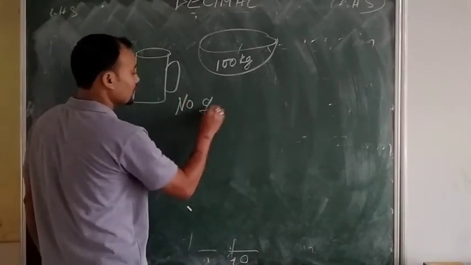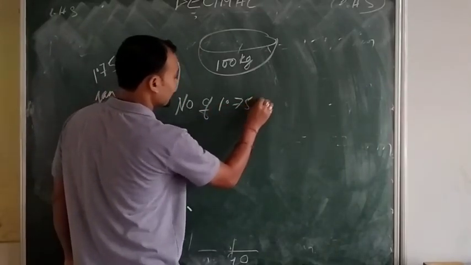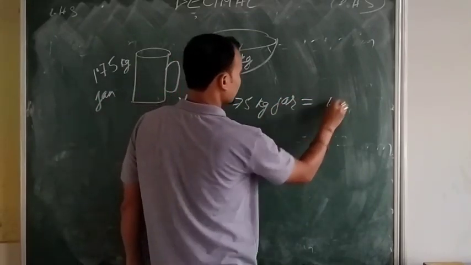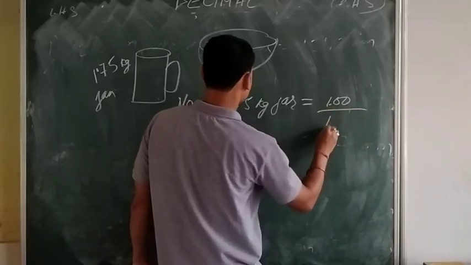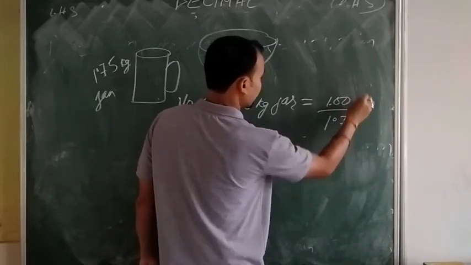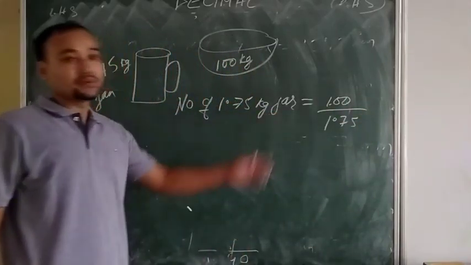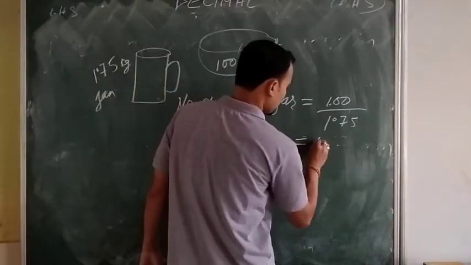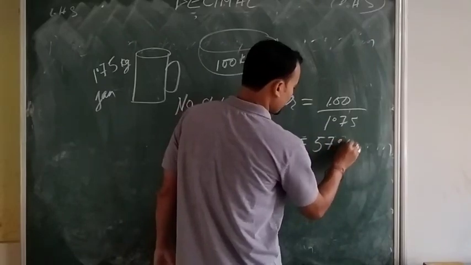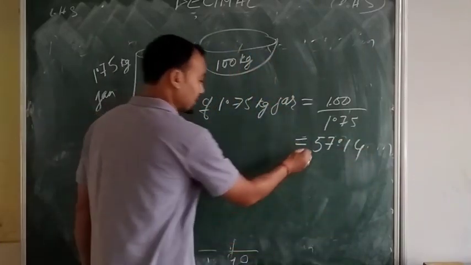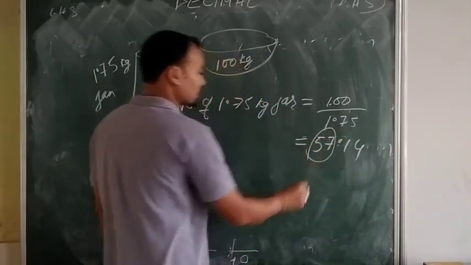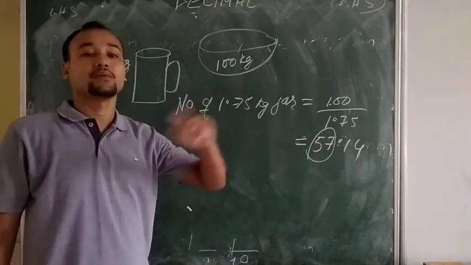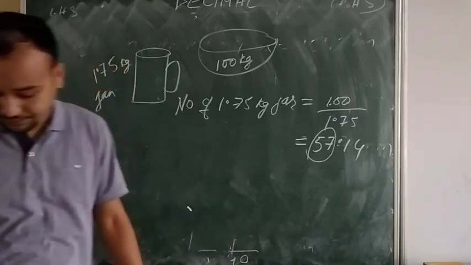Number of jars equals 100 divided by 1.75 kg, kg cancels out. If you do this, we will have 57.14. That means 57. We are considering 57 jars.